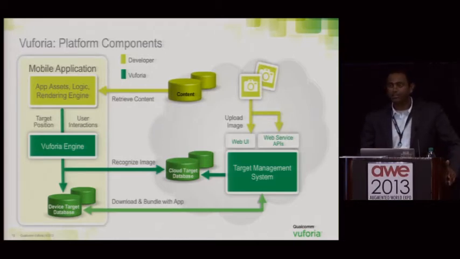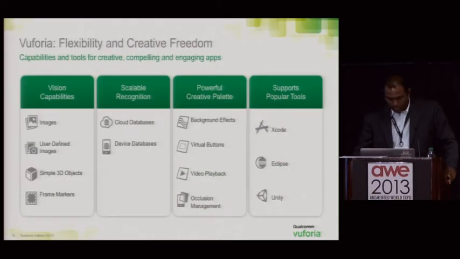With that, we offer APIs to simply upload images into this cloud target database, and they become available for recognition within your app within a couple of minutes. So it's a nice workflow: if you as a developer had a CMS that interfaced with multiple clients, you can completely have an automated workflow between your CMS and our target management system.